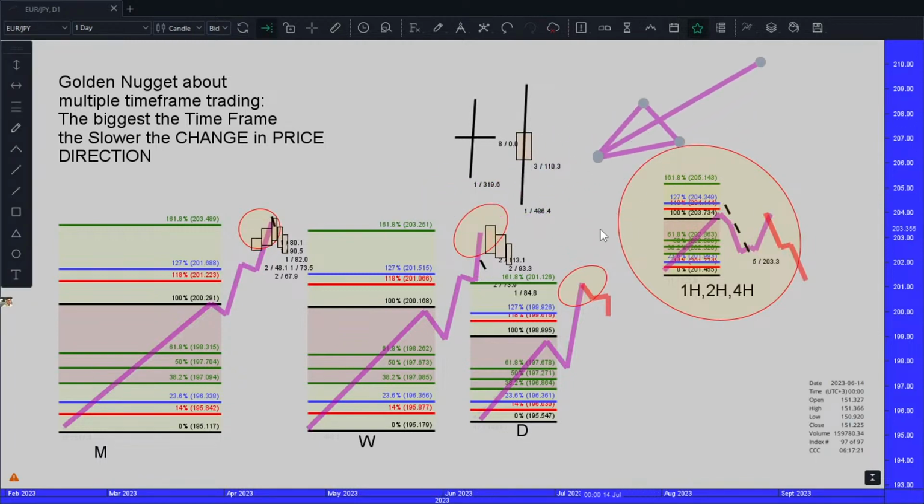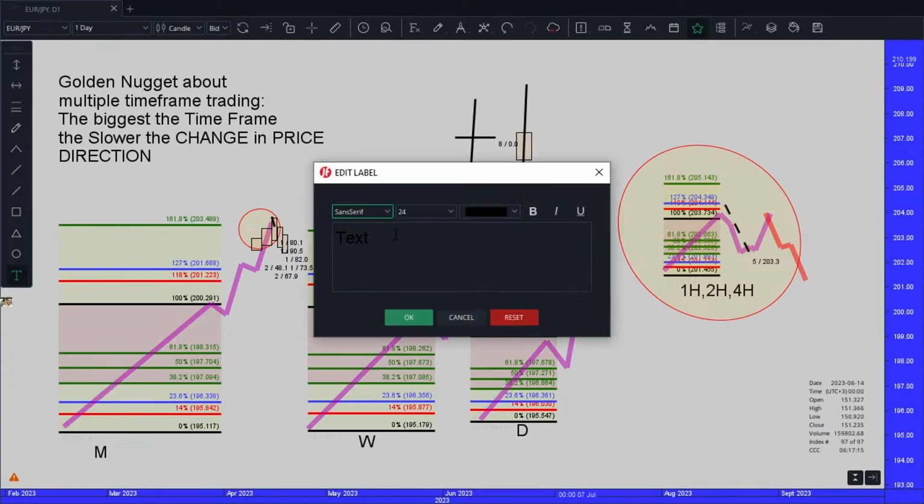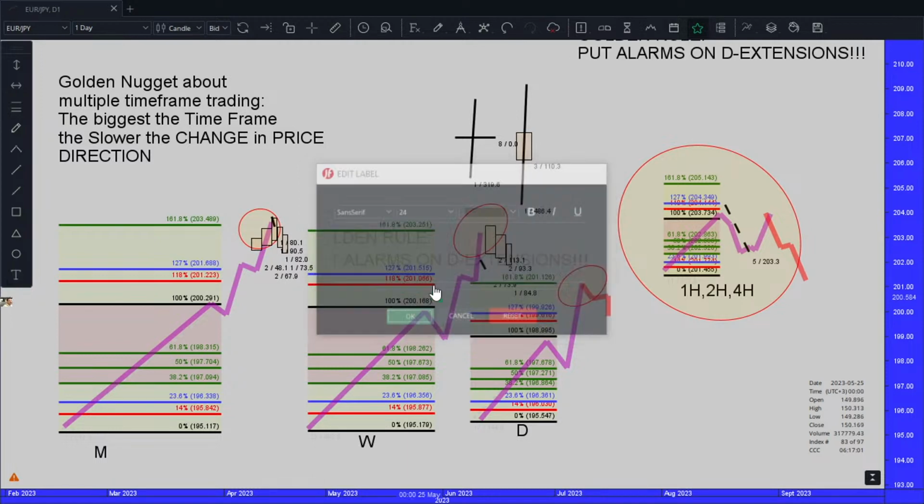I should charge you 10,000 bitcoins, everybody. Golden rule: put alarms on the extensions if you are going to trade the Fibonacci's.